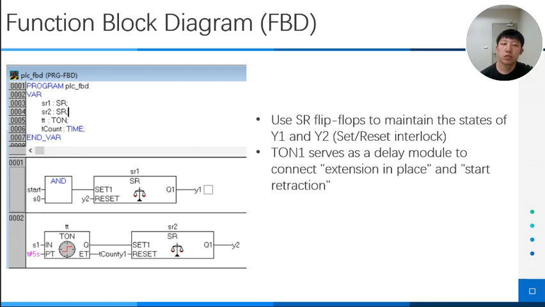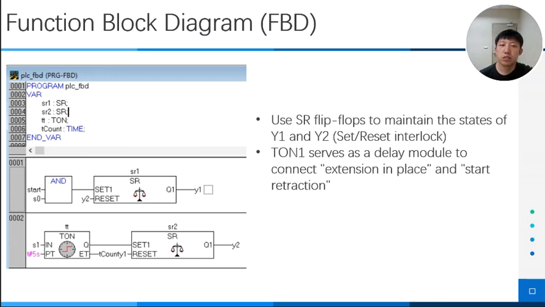When the piston extends to the end, S1 works and Y1 is on. The TON1 timer starts. After 5 seconds, the timer sets a signal to SR2 flip-flop, so Y2 turns on and SR1 turns off, Y1 off.